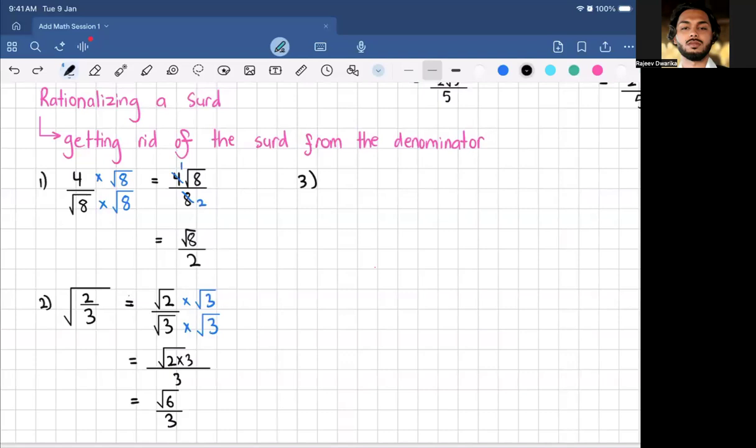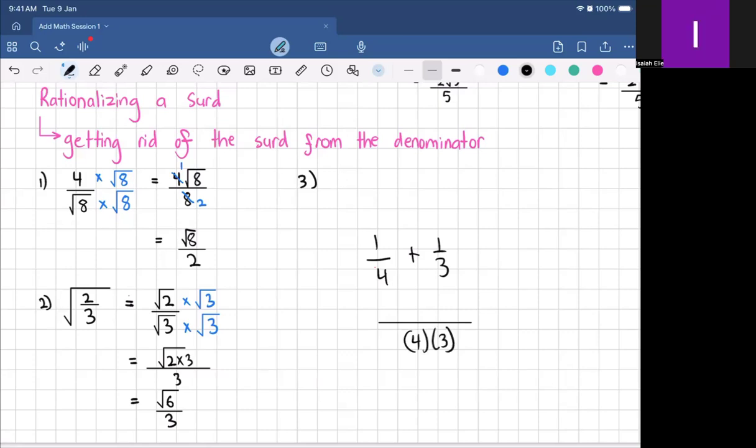So imagine if you had a quarter plus a third. What would the LCM for that be, Isaiah? 12. Right. Then you would ask yourself, can I write 12 as 4 by 3? Yep. So 4 into 4 by 3 would just be 3, and then 3 by 1 is 3. 3 into 4 by 3 is just 4, and 4 by 1 is 4. So it's a very similar concept you're going to apply to that question.